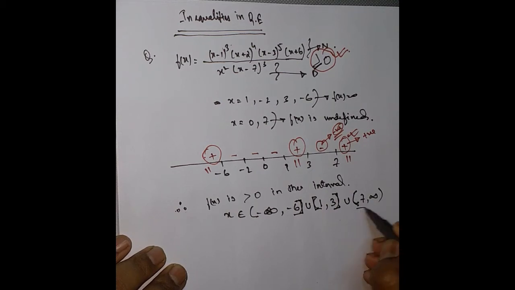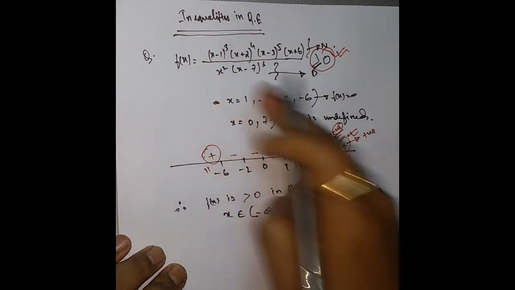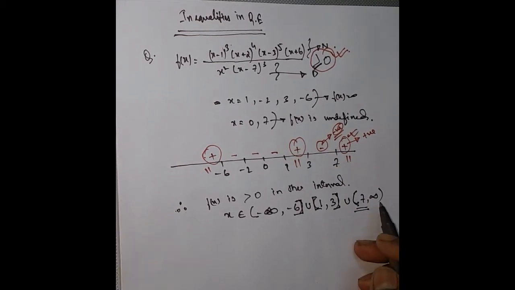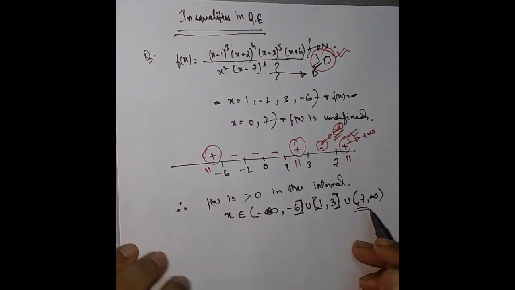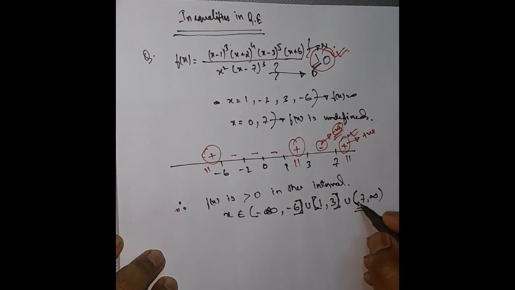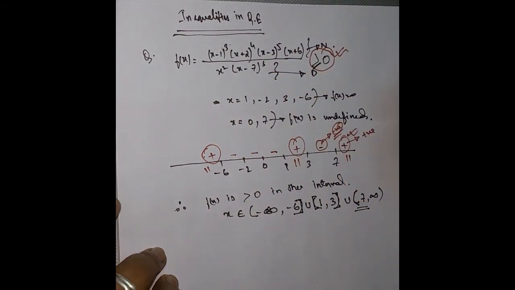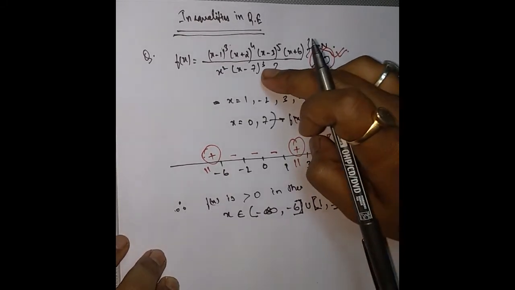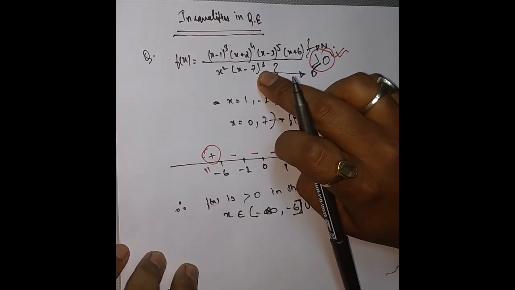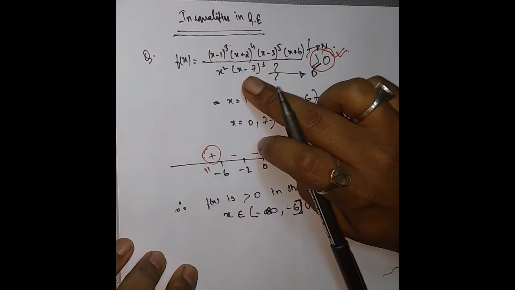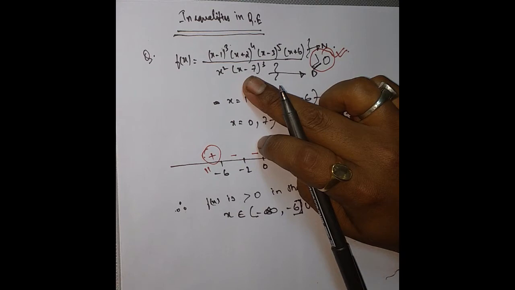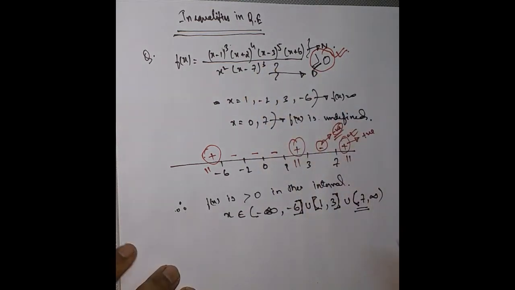If you include 7, f(x) becomes undefined, which is infinity, which is not a valid result. So we cannot include 7.